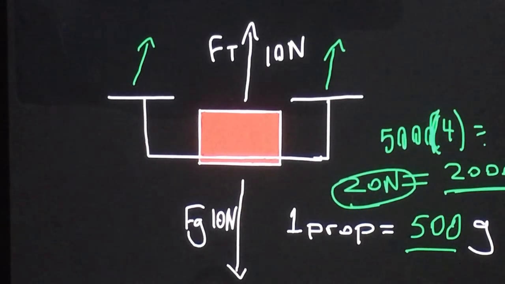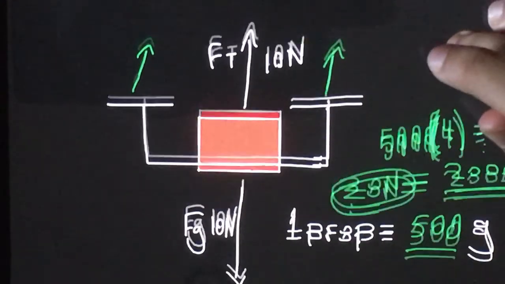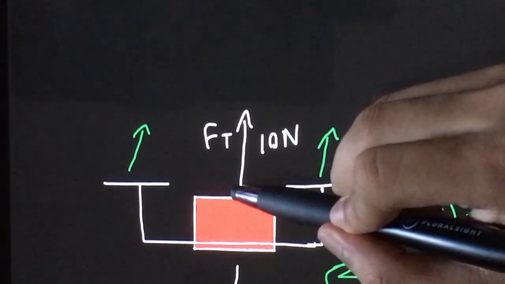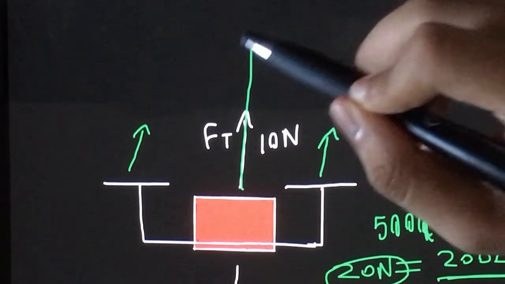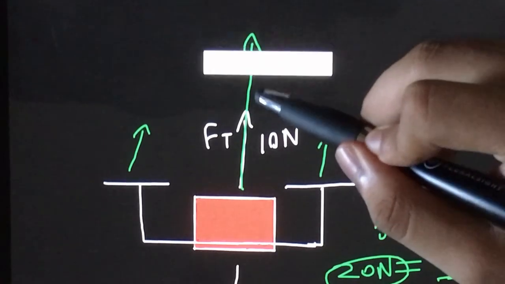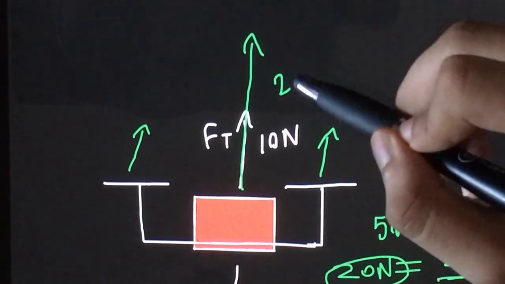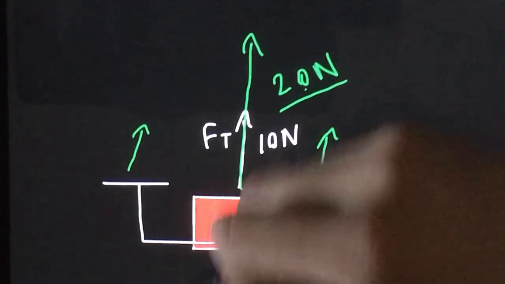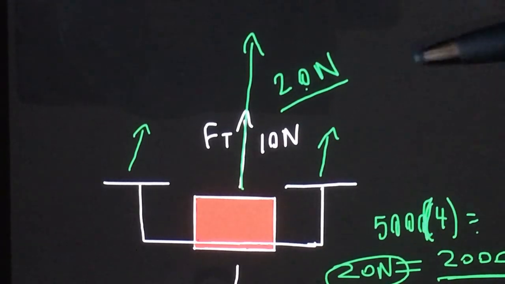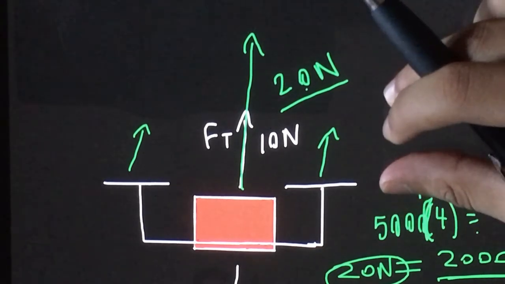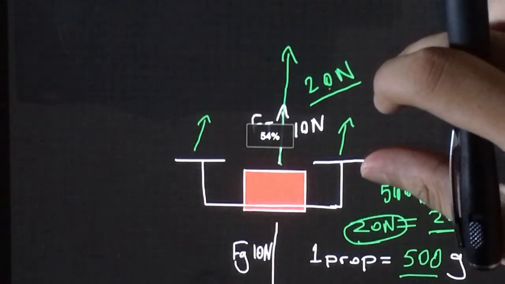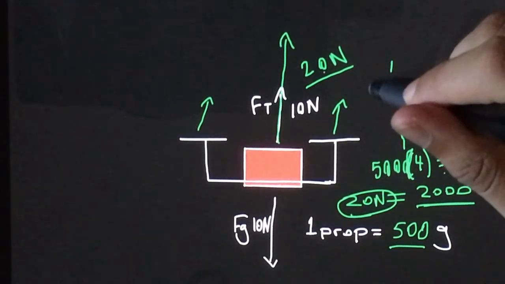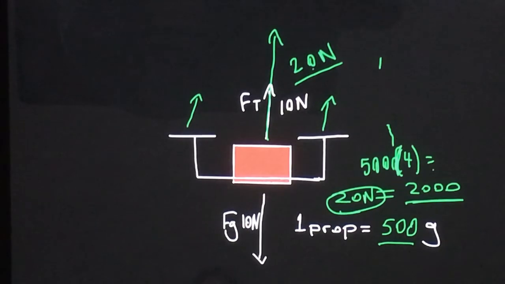So you will see that the drone will start going up. We can extend this line. Now there's 20 newtons of force thrusting up, which makes the drone go up instead of being stable, because gravity produces only 10 newtons and the drone is producing 20 newtons of thrust.